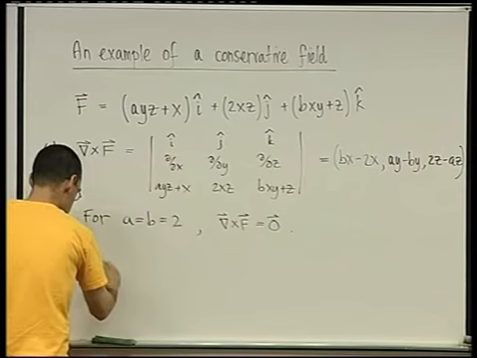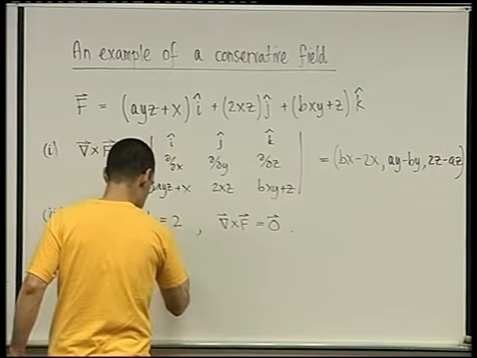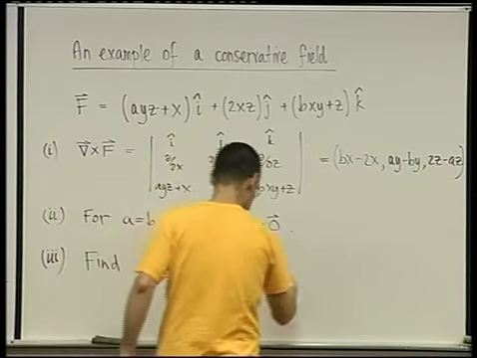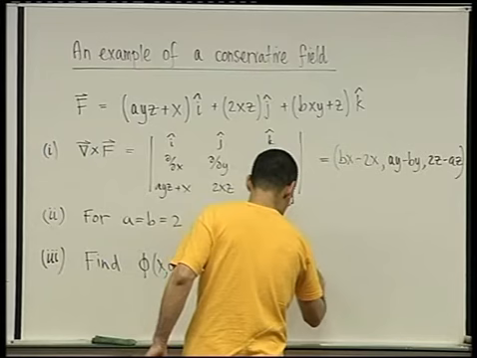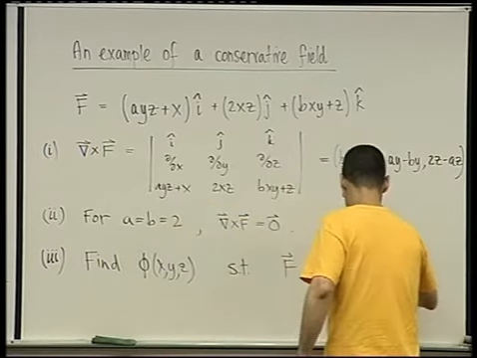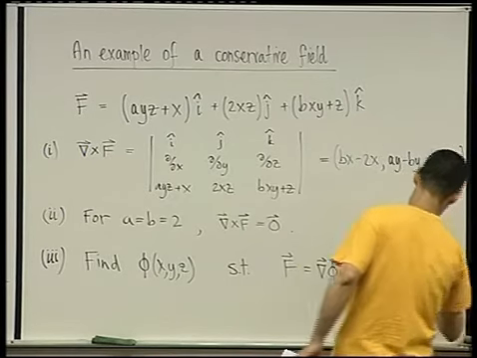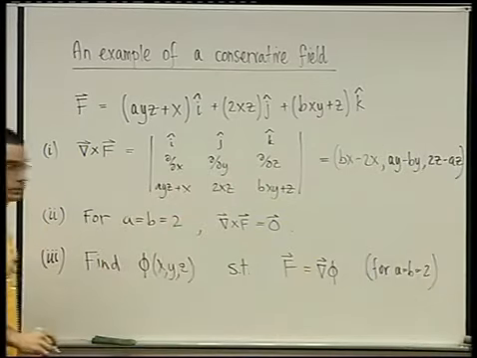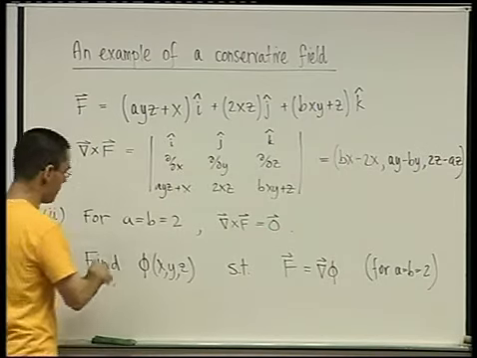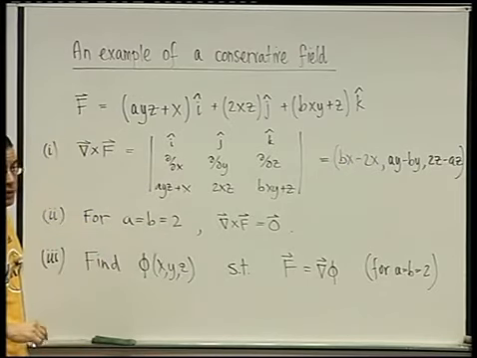Find phi of x, y, z, a function of 3 variables, such that our given F is the gradient of phi for the values which guarantee that, for a equals b equals 2. So the question was phrased, for the values that you found in part 2, find the potential function for F.